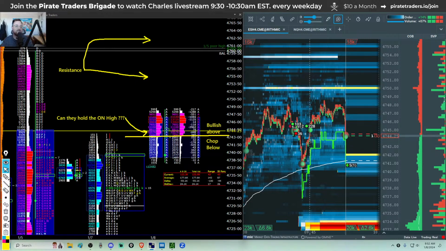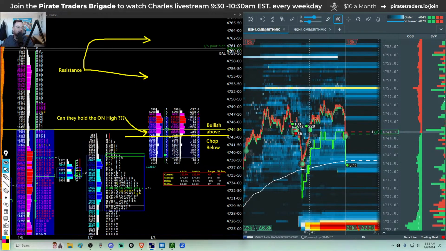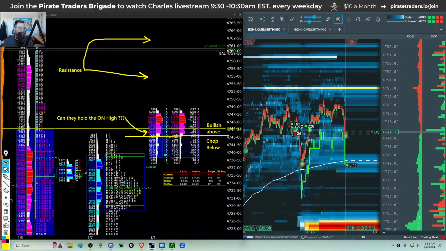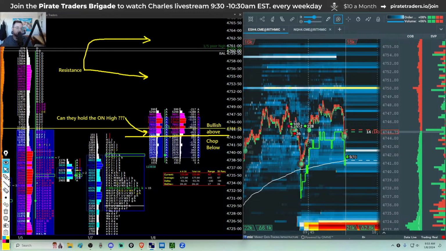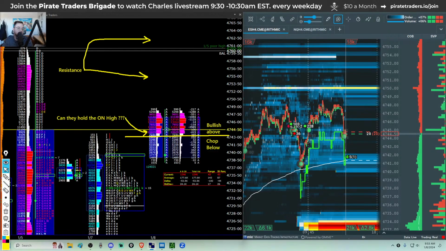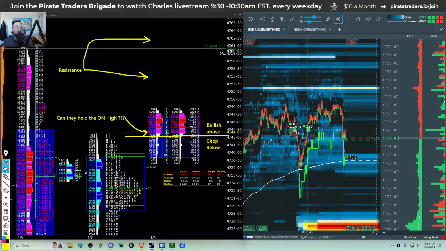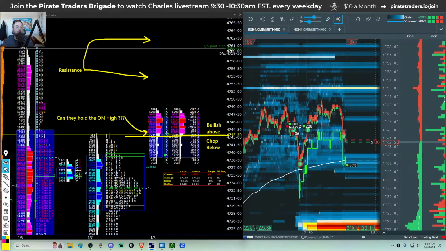See, that's the kind of shit they do when those icebergs are there. Okay, so once again, testing the overnight high. It did not hold the support the last time. Will it hold this time?